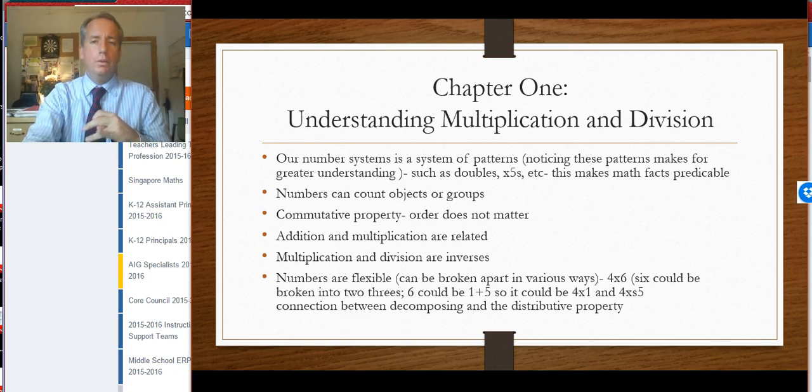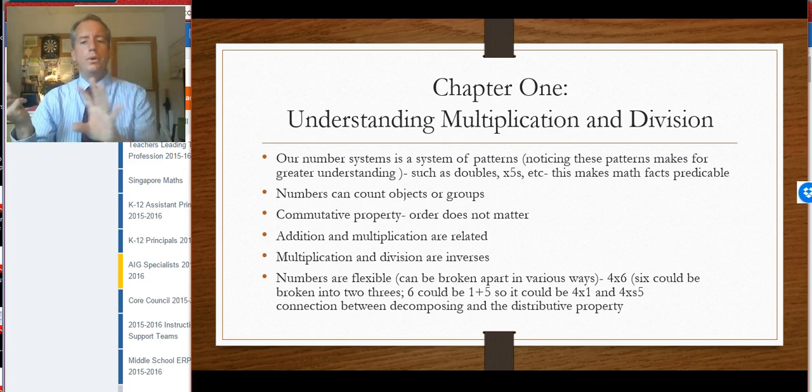The biggie, and the way we know that when kids really own it, when it's theirs, is they understand that numbers are flexible and that you can pull apart values. They understand that with 4 times 6, we could break that 6 into 2 3s, and I could do 4 3s and 4 3s, right? That the 6 could be 1 and 5, and I could do 4 times 1 and 4 times 5.